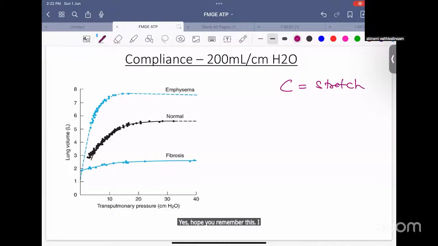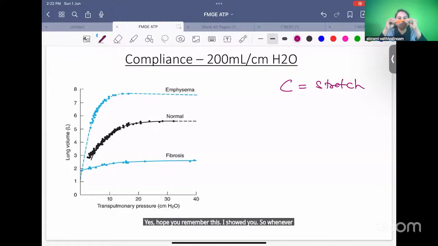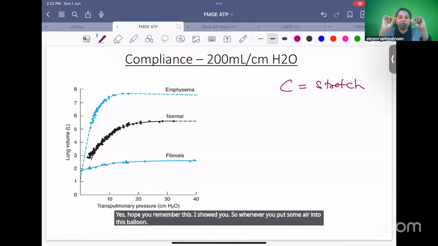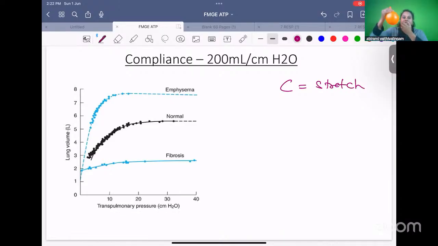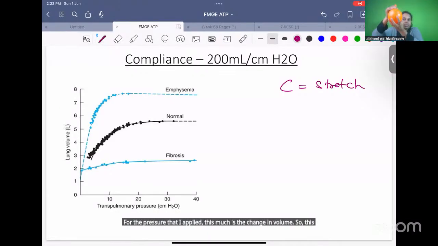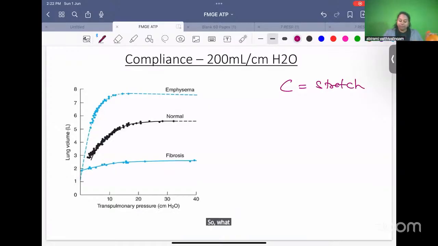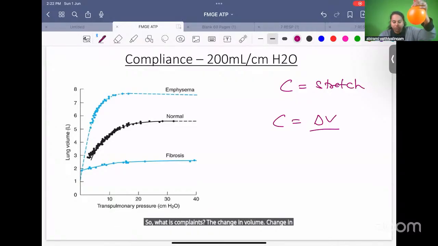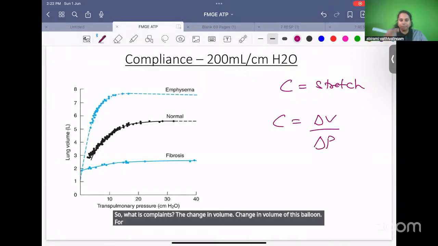I showed you. Whenever you put some air into this balloon, I'll put some pressure. See the change in volume. For the pressure that I apply, this much is the change in volume. So this balloon is this much compliant. So what is compliance? The change in volume of this balloon for the pressure that I applied. Delta V by delta P.